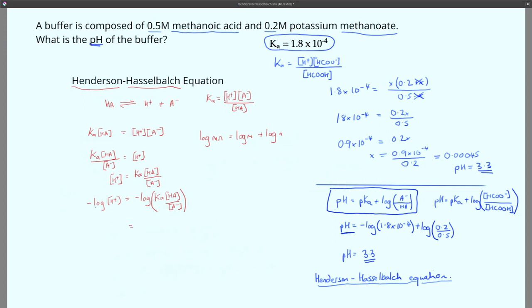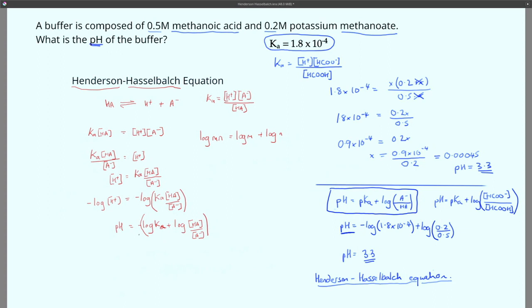Now this one here, I'm actually going to substitute straight away to make it nicer. The minus log of H plus is the same as pH. On this side, we then have the minus log of our Ka, and because it's multiplied by that, we can replace it by a plus. Put a bracket around that as well: Ka plus the log of HA over A minus, like so.